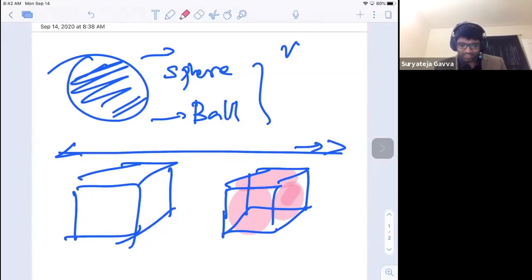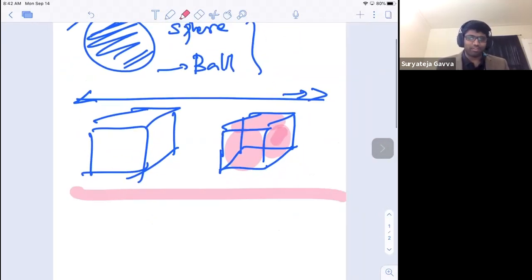A sphere is a smooth thing, but the surface of the cube has edges and corners, so that's why it's not really called a good surface. But yeah, it's really a matter of naming. I can change it if you want. Okay, any other questions?